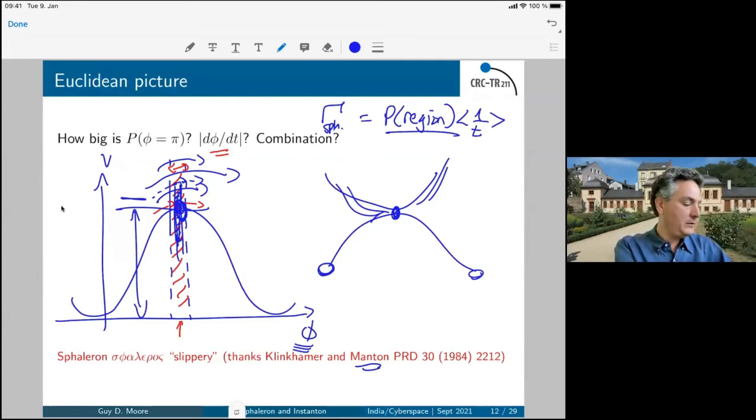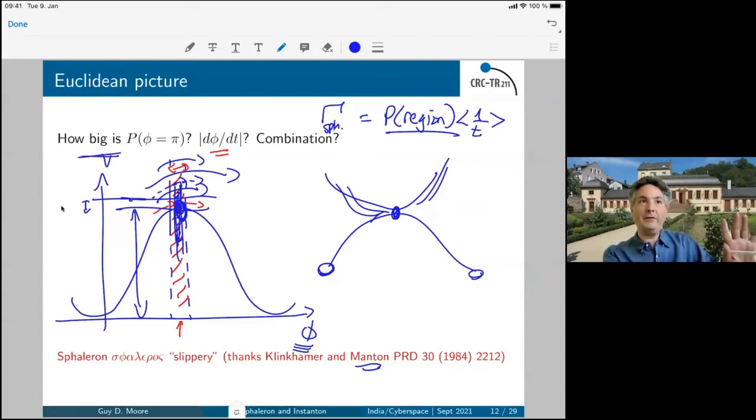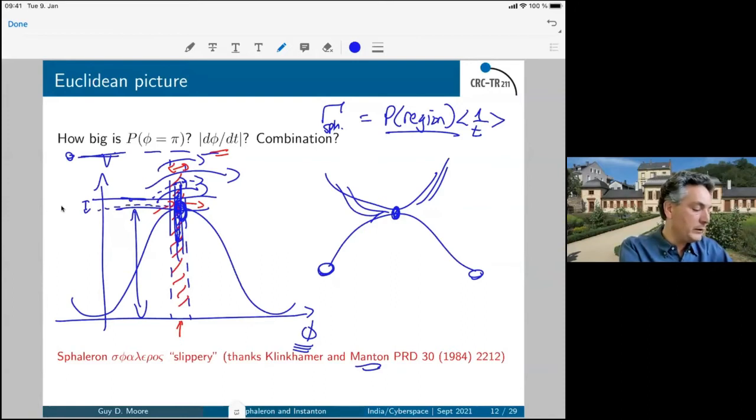A typical thing flies over the top by an amount where its extra energy is about T. And that determines how fast it flies across. Flying across way up here is more suppressed, just because there's Boltzmann suppression of being up there. Flying across here, you're going so slowly that it also doesn't happen very often. So the sweet spot is to be about 1 T above.